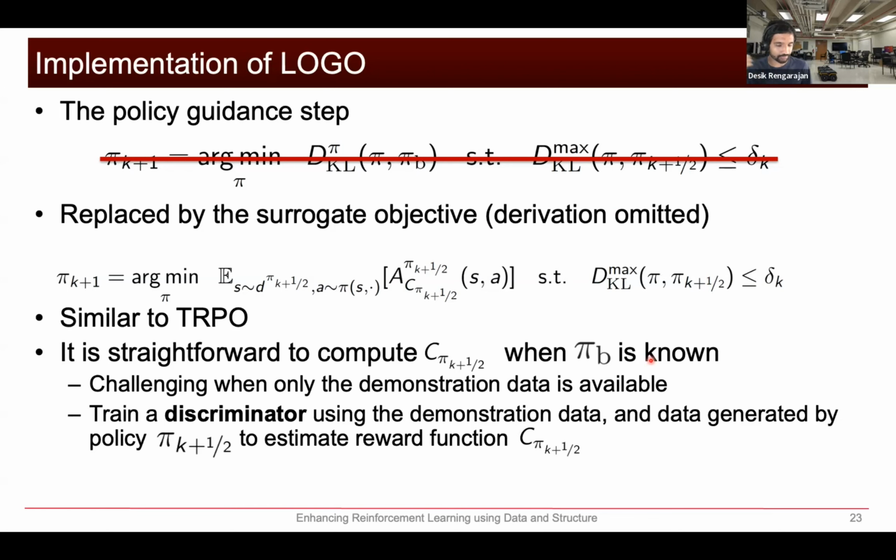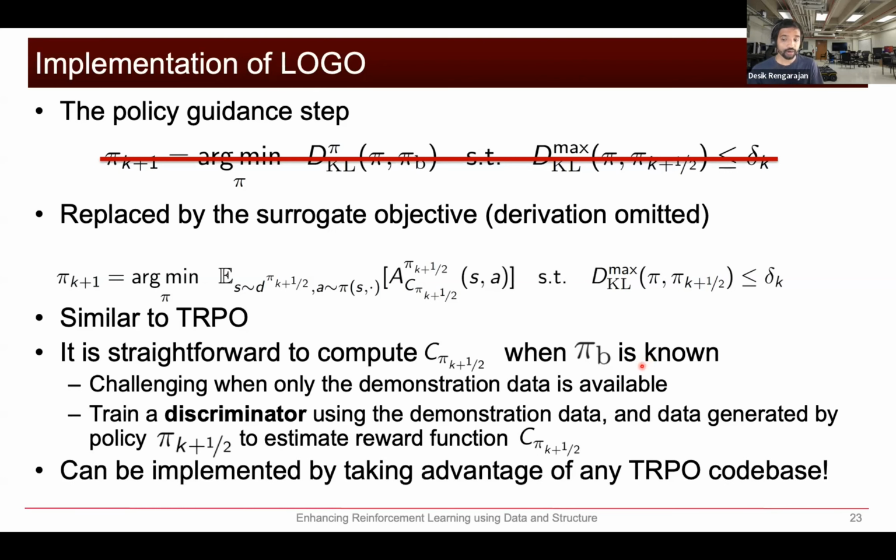Again, I'm omitting the details, but you can take a look at our paper to see how we do that. So this tells us that LOGO can be implemented by taking advantage of any TRPO code base, because it simply comes down to doing two steps of TRPO. The first step of TRPO with the rewards from the environment, and the second step of TRPO using this policy-dependent cost function.